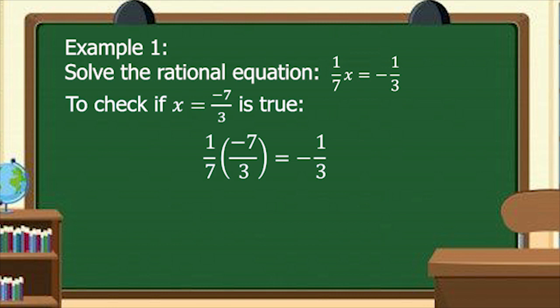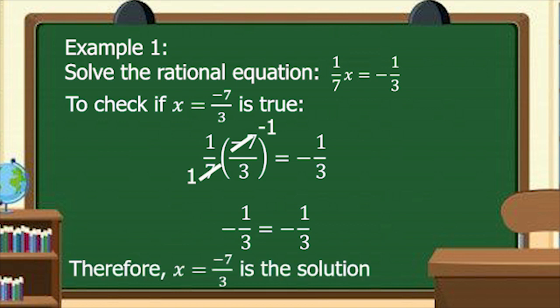You can divide negative 7 by 7, which leads us to negative 1. And 1 times negative 1 is negative 1. And 3 times 1 is 3. If it satisfies the given equation, then x equals negative 7 over 3 is the solution of this rational equation.